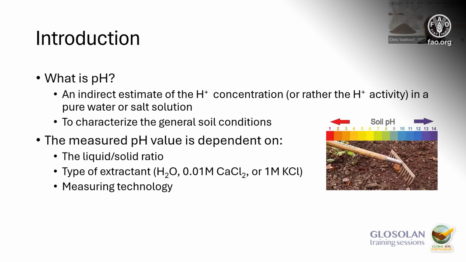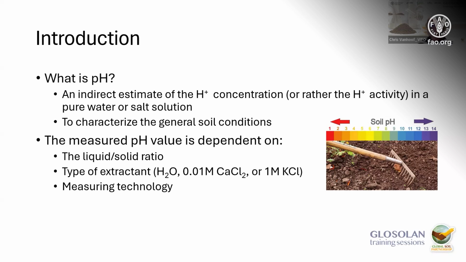First of all, what is pH? I think everyone knows that it's an indirect estimate of the hydrogen plus concentration or the hydrogen activity, like it is called, in pure water or a salt solution. And it's a very important parameter to characterize the general soil conditions. How do we measure the pH in the soil?